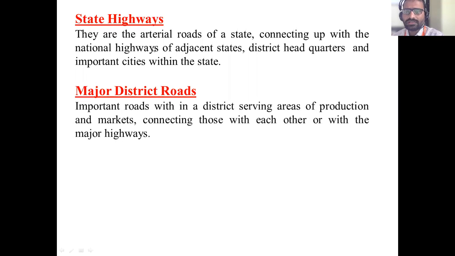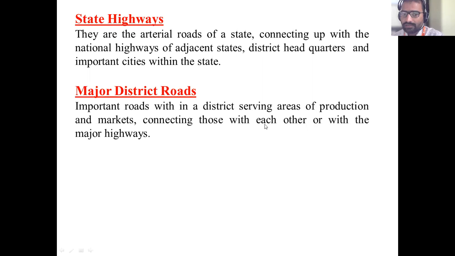Next, in the last class we have seen state highways also. What do state highways mean? They are arterial roads, meaning main arteries, the main roads of a state. They are the main arterial roads of a state connecting up with the national highway.